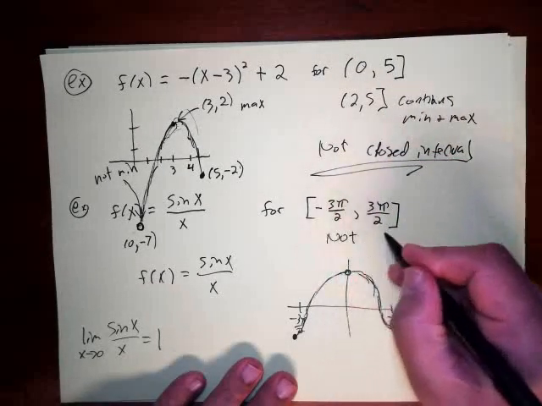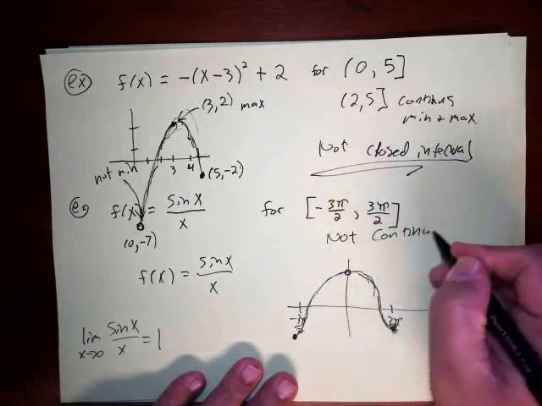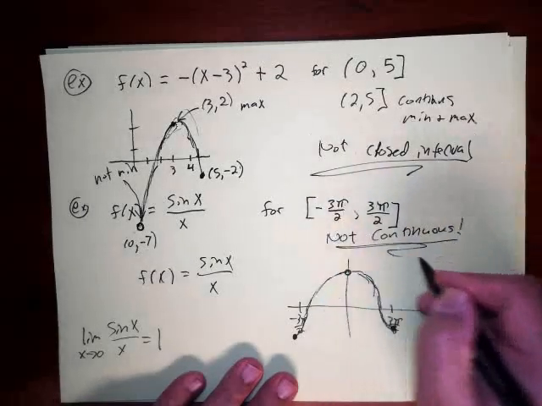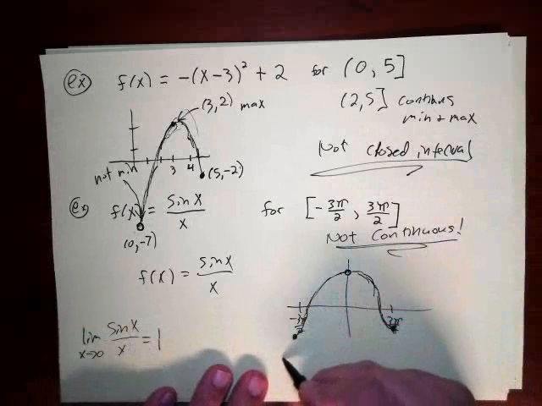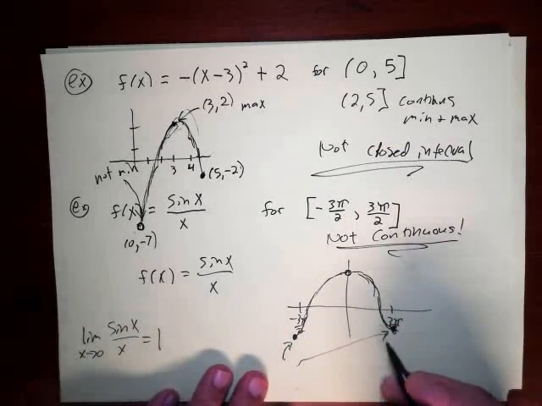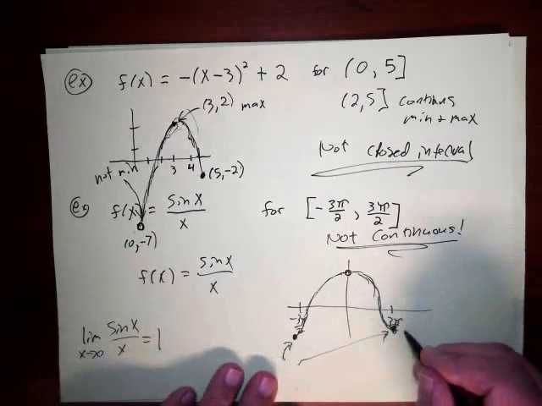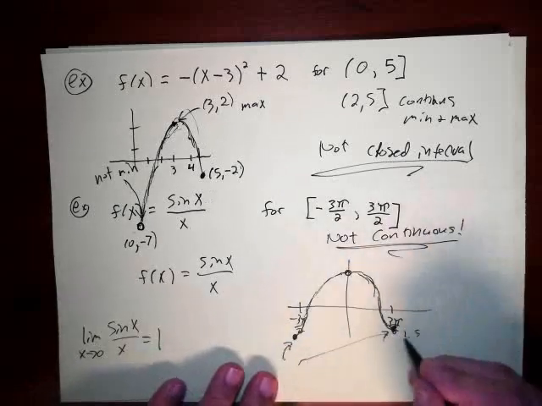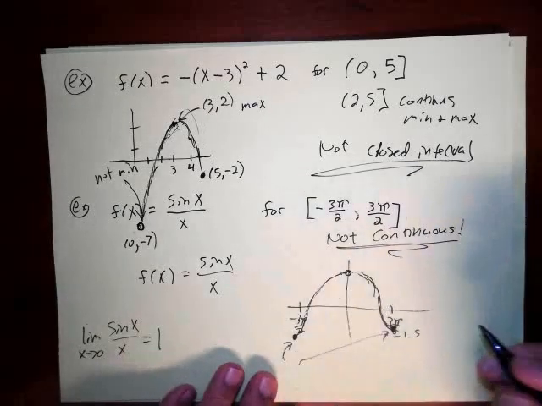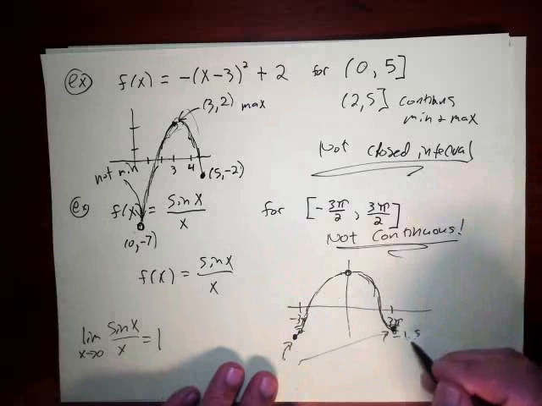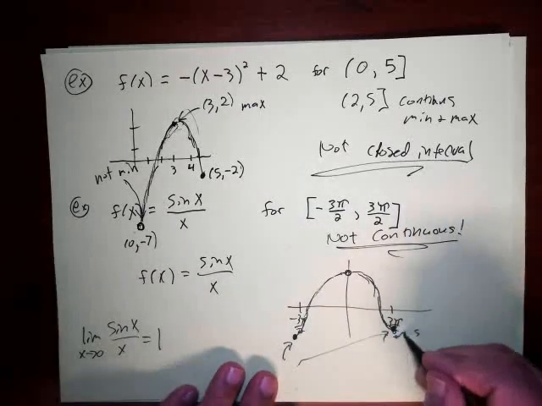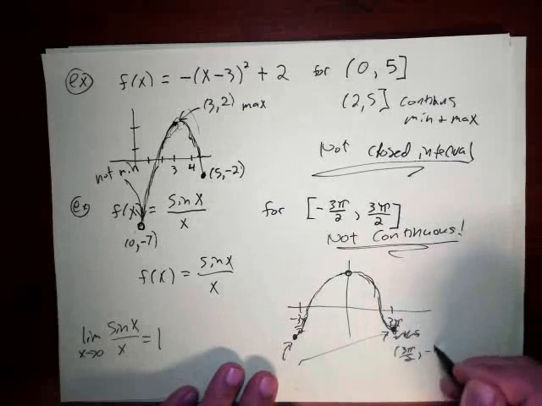The problem with this is it's not continuous. And so you see that these are going to be the same value. I think they're equal to like negative 1.5. Actually, I should do 3 pi over 2, negative 1.5.